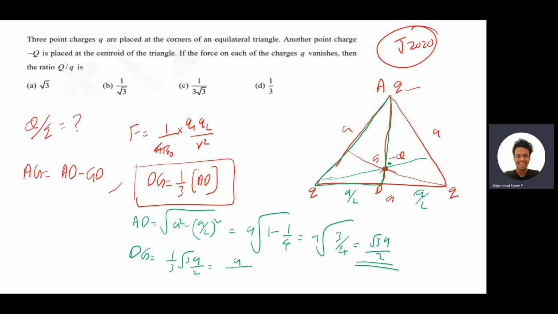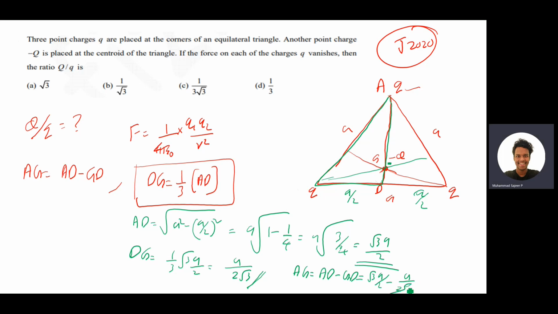Wait, I think we made some mistake. AD we have found, DG we have found: a by 2 root 3. Now we want AG, right? AG equals AD minus GD. What is AD? Root 3 a by 2 minus DG, a by 2 root 3.